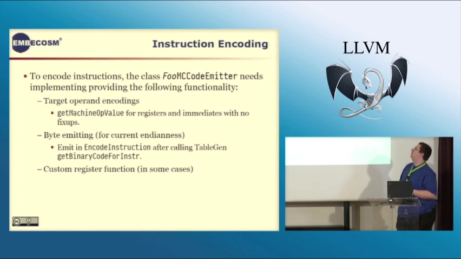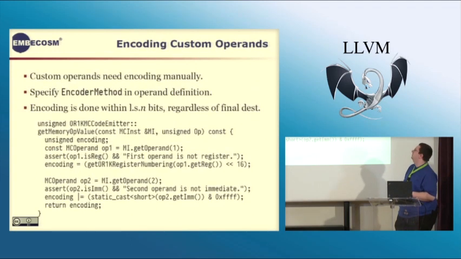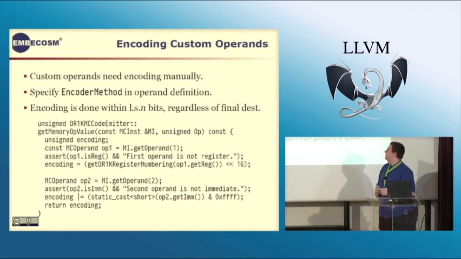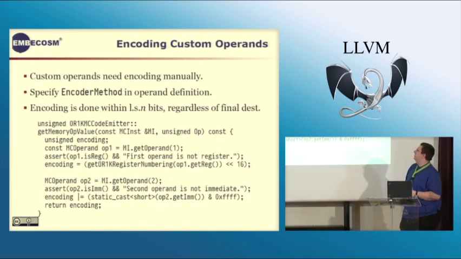For example, OpenRISC has a memory operand which consists of a register and then an offset from that register. In that case, you're going to have to encode it yourself.